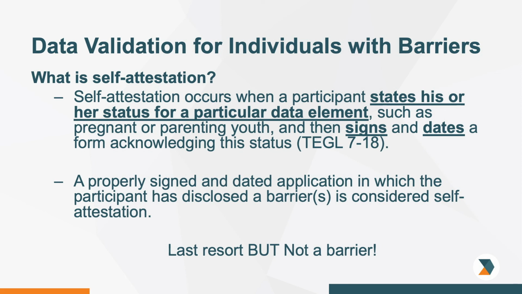Now, what makes self-attestation a little bit tricky is how ETA sees it. So we're telling you that for those barriers that are not as relevant to the eligibility process and priority of service process for Title I individuals, because you're not using that barrier for the rest of the process, right?